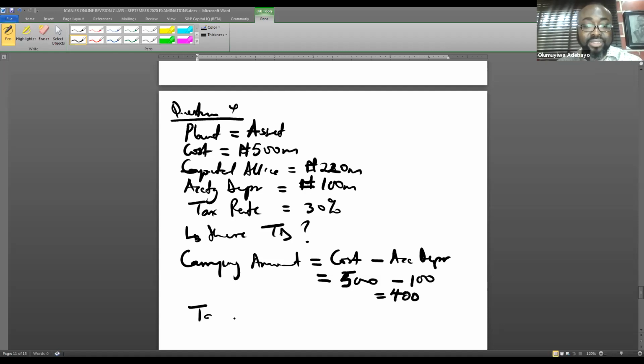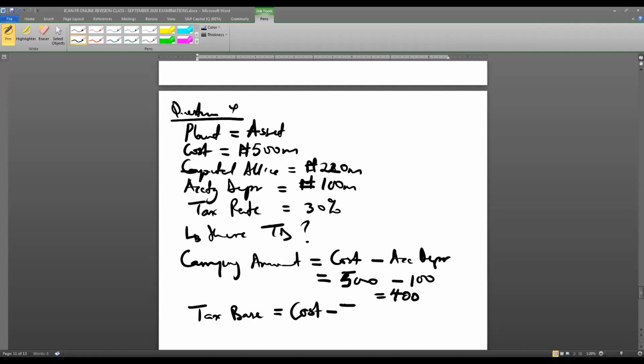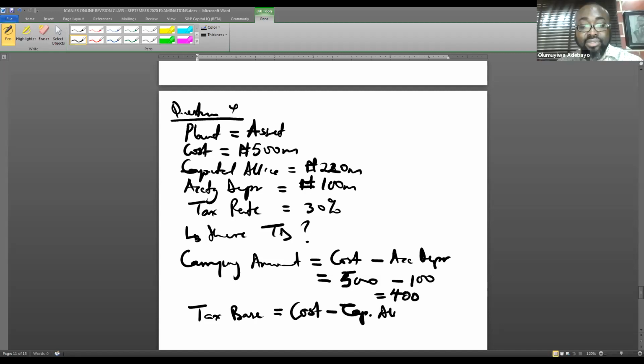The tax base is the same cost minus capital allowance. What is the cost? 500. What's the capital allowance? 220. What is left? 280.